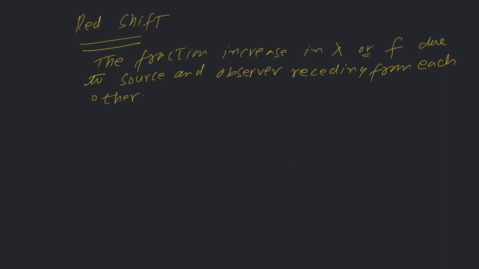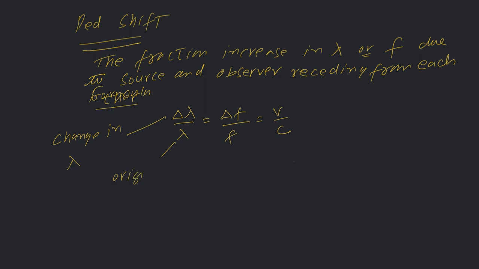What will be its formula? As we know that there is a change in wavelength, so we write delta lambda over lambda is equal to delta f over f is equal to v over c. What are these quantities? Delta lambda is the change in wavelength. Lambda is the original wavelength.